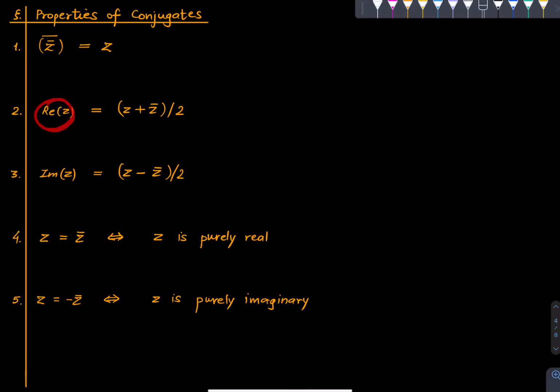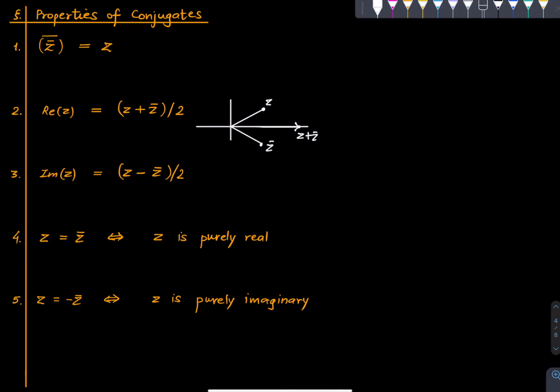The real part of z is half of z plus z bar. Again, algebraically, this is immediate, so I leave the algebraic way to look at it up to you. The geometric way is somewhat more interesting. So I have a complex number z and z bar. What is z plus z bar? z plus z bar is something like that.